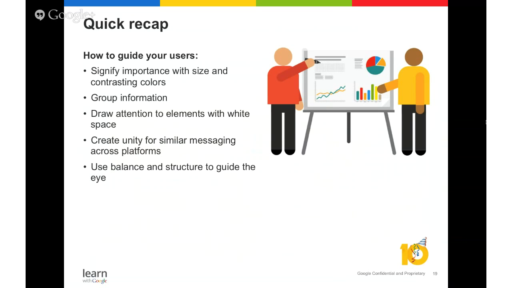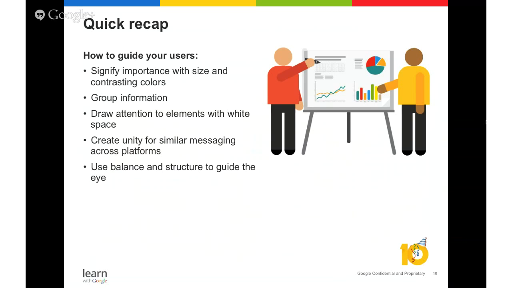All right. So as a quick recap, when you're guiding your users through your pages, draw their eye to what's important by using differences in size, color, opacity, saturation. Use white space to let top content really breathe and give users the space to see it.